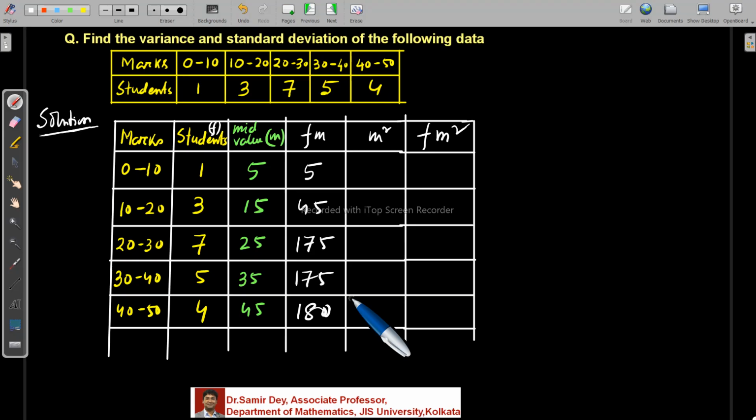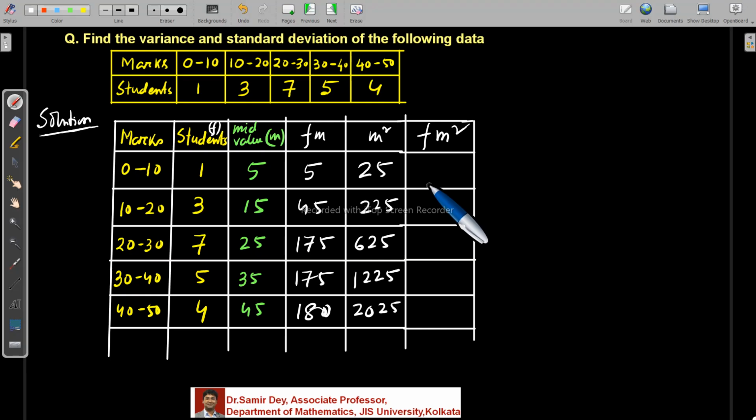Now m square, what you have as m, please square it. That is 25, then 15 square means 225, 25 square is 625, 35 square is 1225, 45 square is 2025. Clear to everyone?